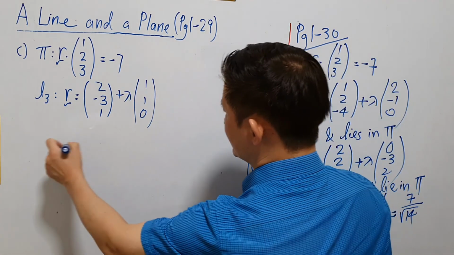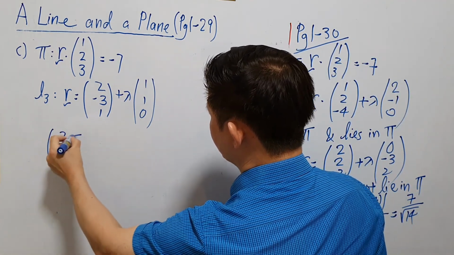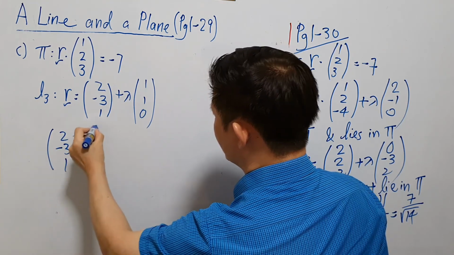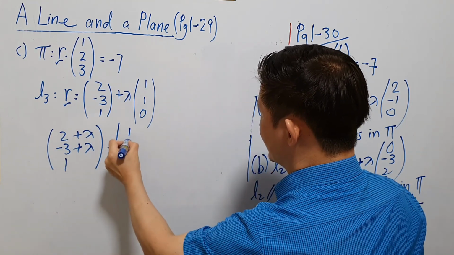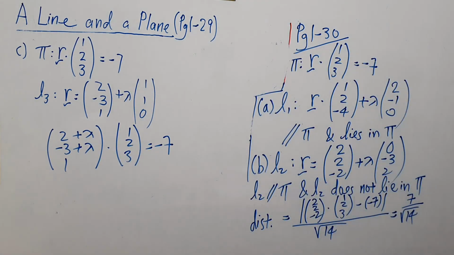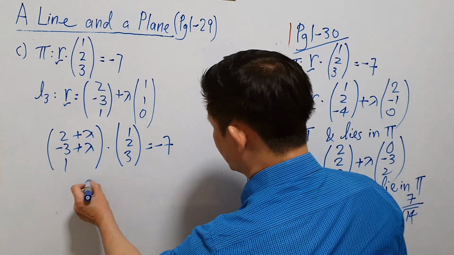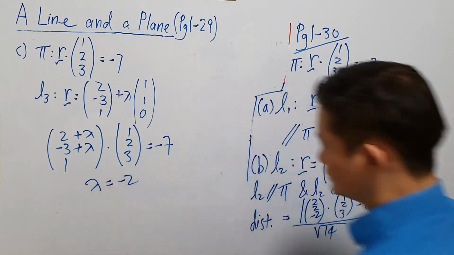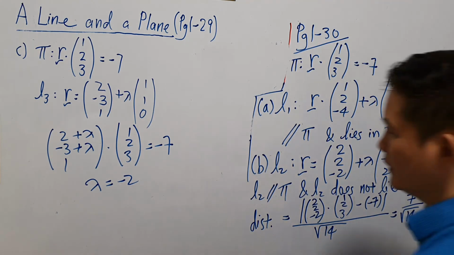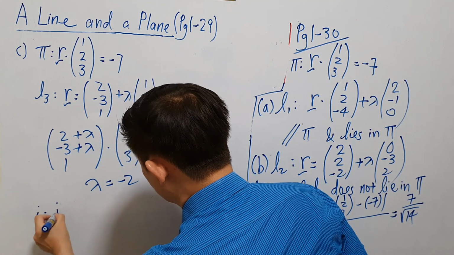What you do is, you put the entire equation of the line into the equation of the plane. It's like solving them simultaneously. Then let's do the arithmetic. I think lambda is equal to minus 2.